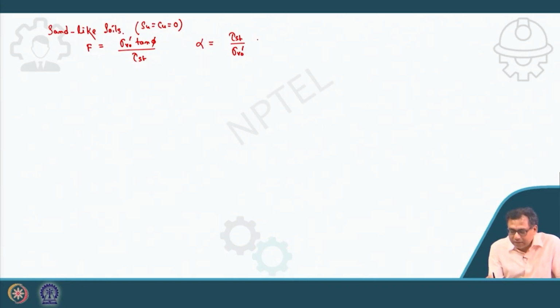So alpha will be your tan phi divided by the factor of safety, which is seismic. So this way you can calculate the alpha value.